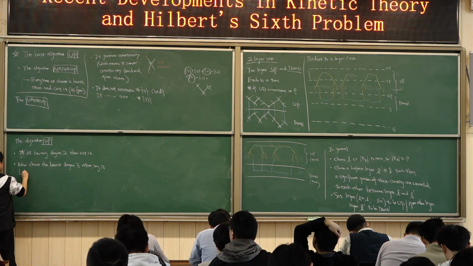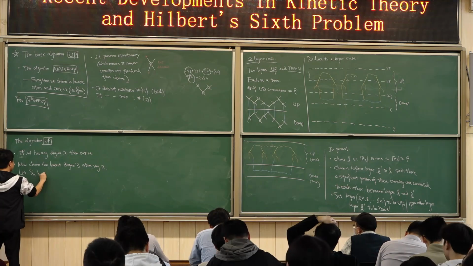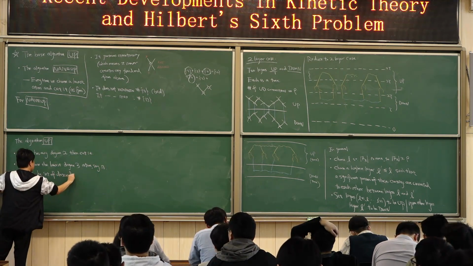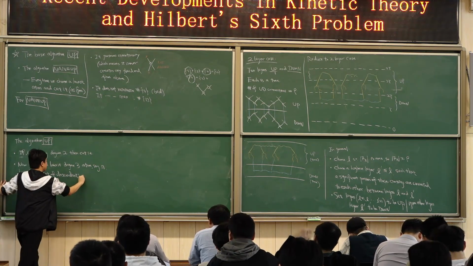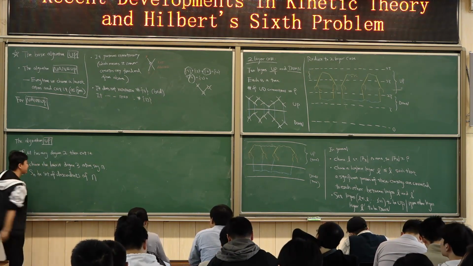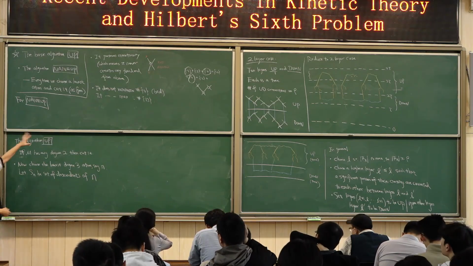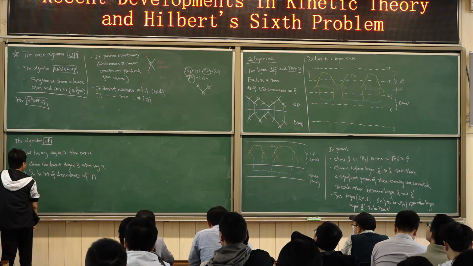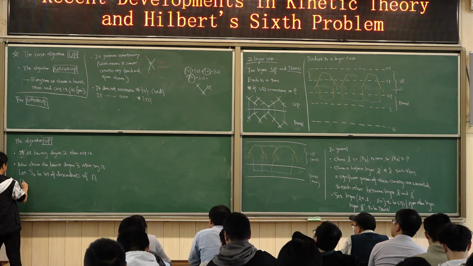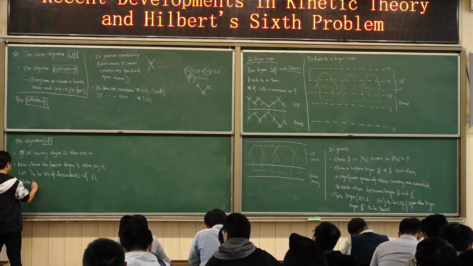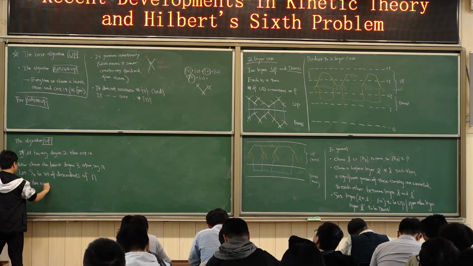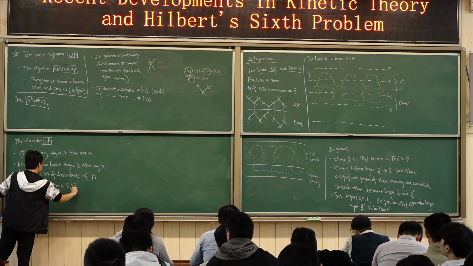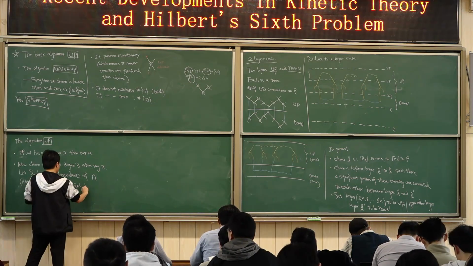Let Sn be the set of descendants of n. Descendants means you keep taking children. We'll show you an example later. And note that every atom in Sn minus n must have degree 4.